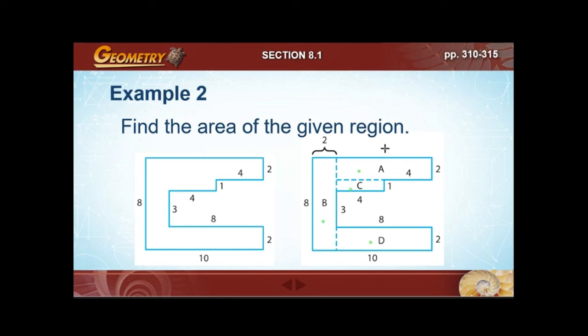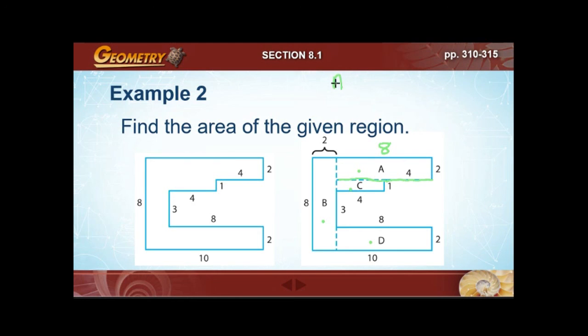So for rectangle A, we know that this section right here is 4 units, and from here to here is also 4 units because it's 4 here. So that is 8, and then we know that rectangle A is 2 high.